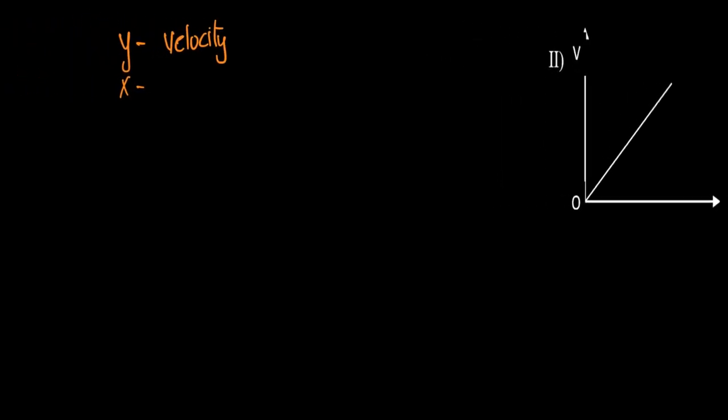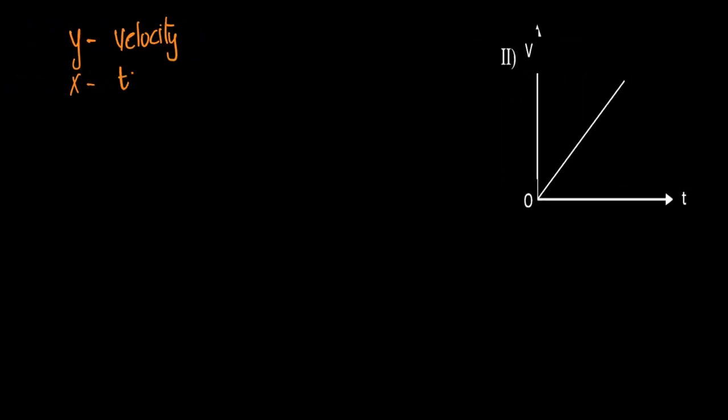Now let us look at the second graph. Again, what is y-axis here? So the y-axis here represents velocity. What is the x-axis? X-axis represents the time. So what is slope of the graph equal to?